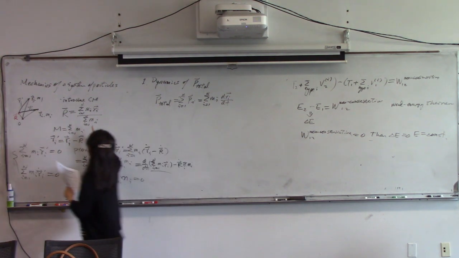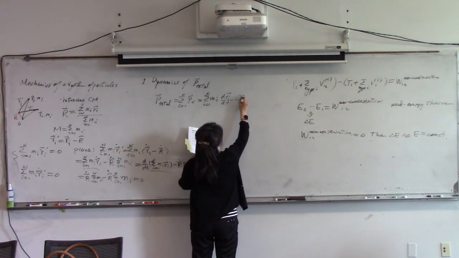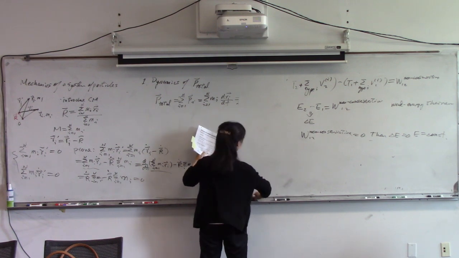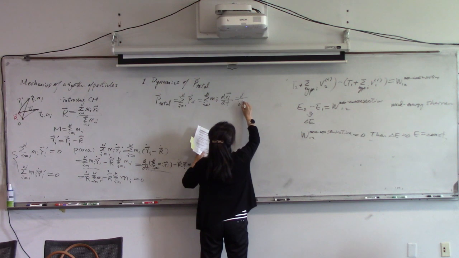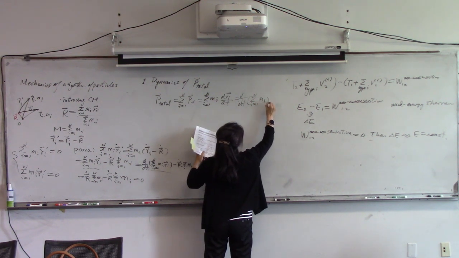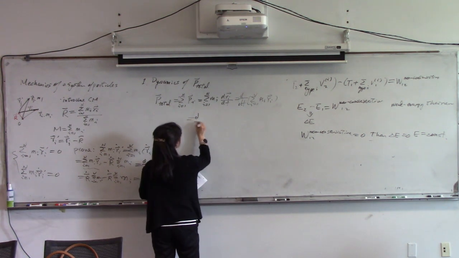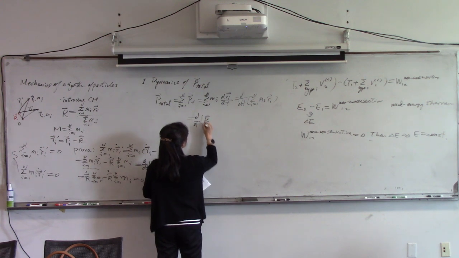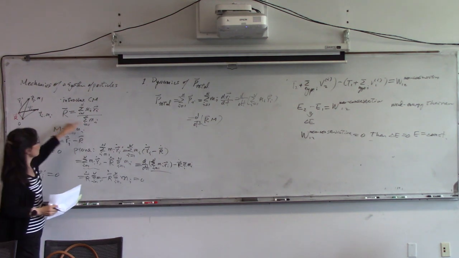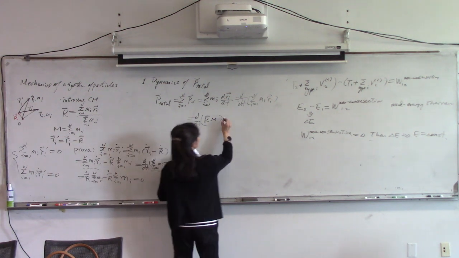And you will see very easily, I can take d/dt outside, so this is d/dt of the summation i from 1 to n of m_i r_i. Then this is nothing but d/dt of capital R, right? And mass is this one. That makes sense?